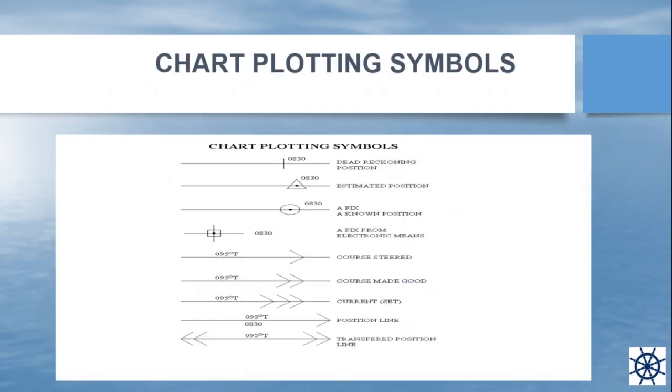Okay, moving on. These are the chart plotting symbols. These symbols must be used for the different methods or techniques you implement to take a particular fixed position. When you use dead reckoning, this symbol must be used, a stroke line. Then, if you use an estimated position where you apply your set and drift, this symbol must be used, the triangle one.